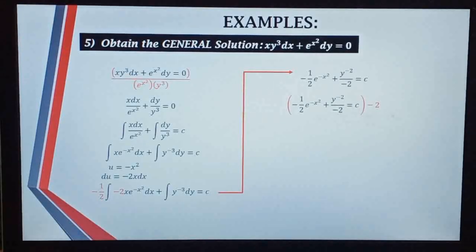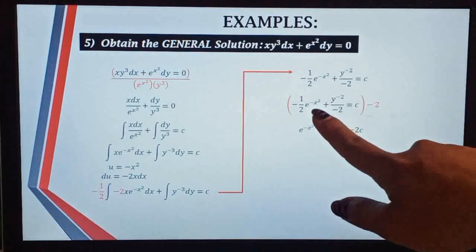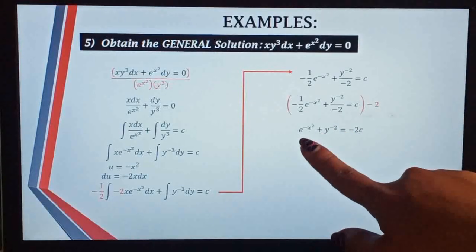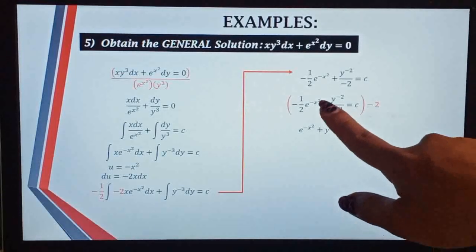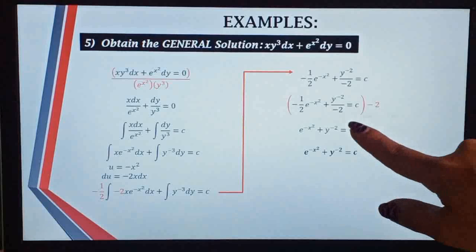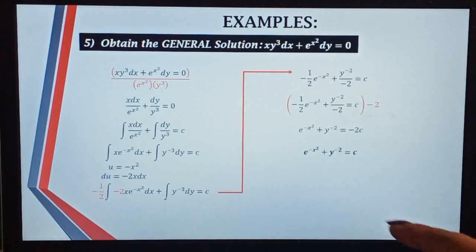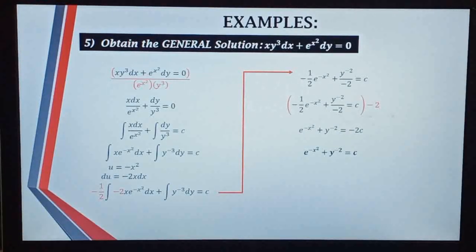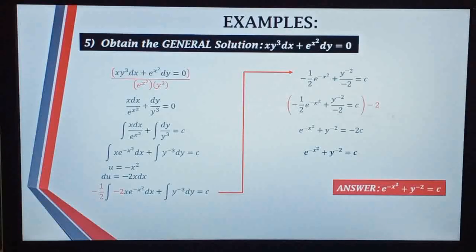So, ang mangyayari sa equation natin ngayon is e raised to negative x squared. Then, negative 2 multiplied to negative, you will have positive y raised to negative 2. Then, equated to negative 2c. So, si negative 2c, pwede natin siyang express as simply c. Then for our final answer, we have e raised to negative x squared plus y raised to negative 2 equated to c.